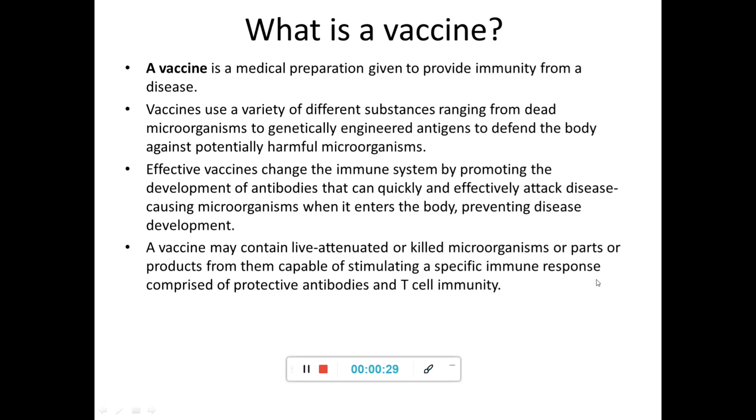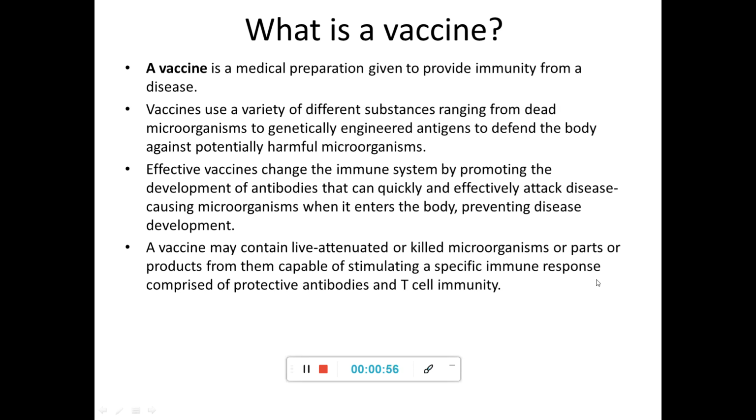They use a variety of substances ranging from dead microbes to genetically engineered antigens to defend the body against potentially harmful microbes. And effective vaccines can change the immune system by promoting the development of antibodies that can quickly and effectively attack the disease causing microbes when they enter the body, and thereby prevent the disease development.